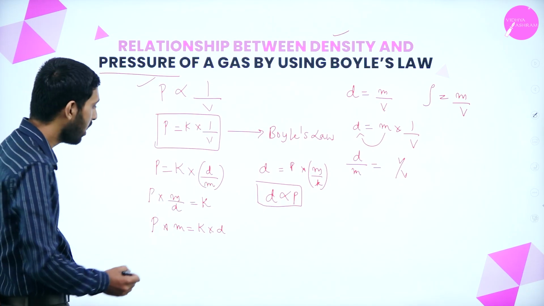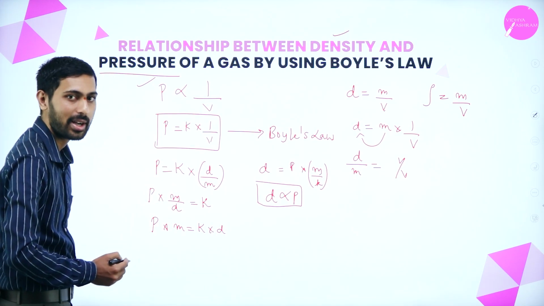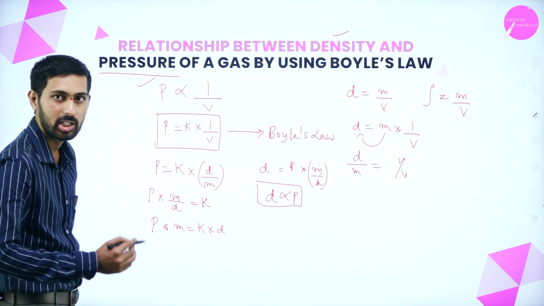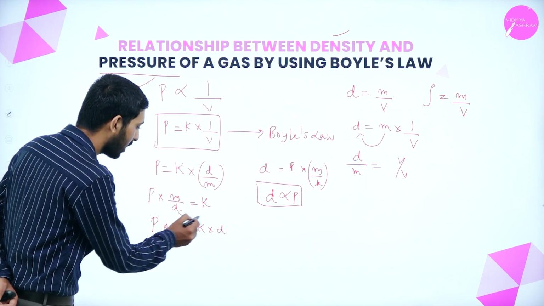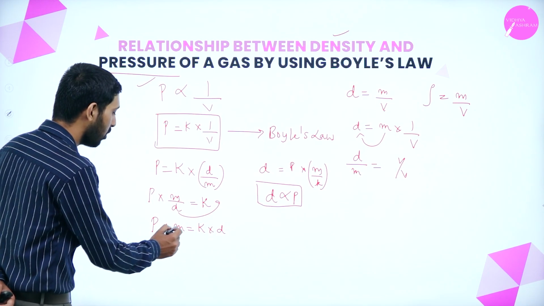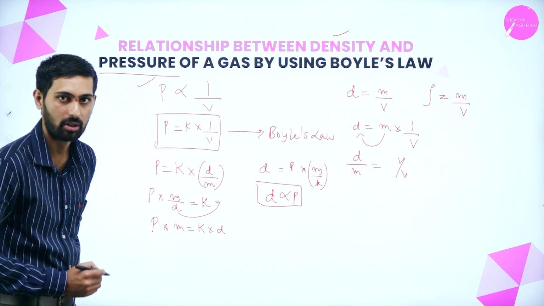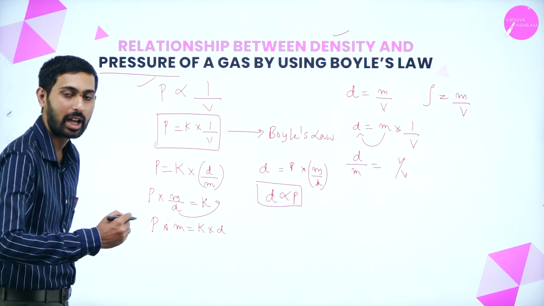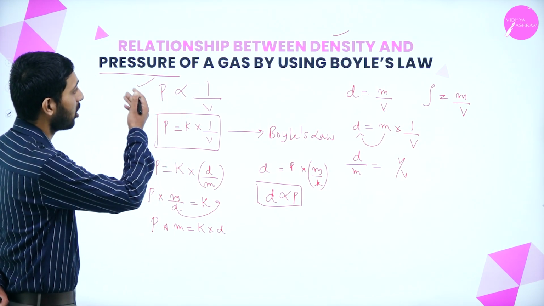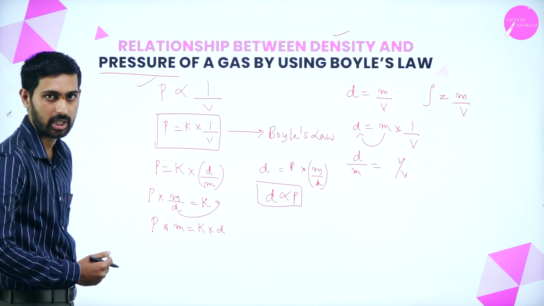Next, what I have to do, I'll take this M on the left hand side. P into M by D is equal to K. Next, I'll take D on the right hand side. If I take D on the right hand side, P into M is equal to K into D I got. Then I should take the value of D, because they have asked the relationship between density and pressure, correct, right?